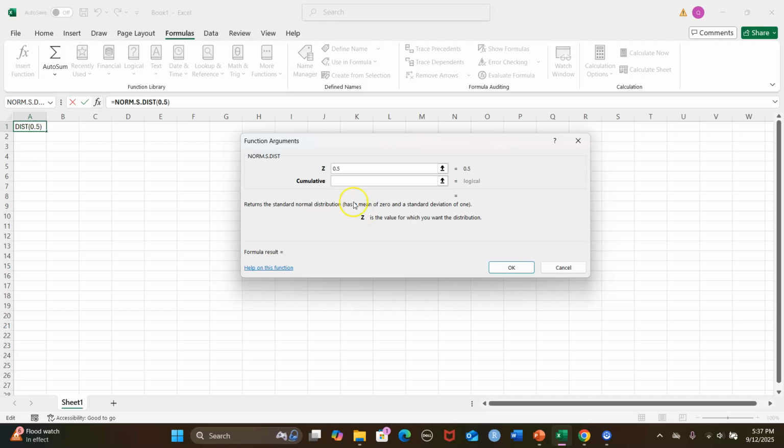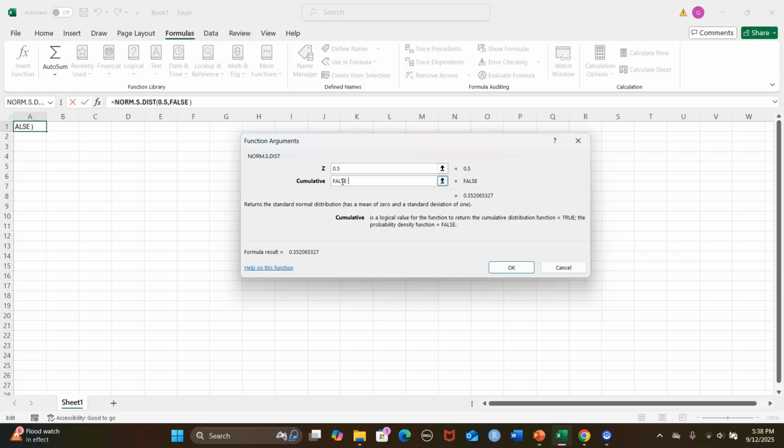0.5, for example. And now the cumulative is a logical value. If you want true, then it's the cumulative probability. It's from the left all the way to 0.5 under the standard normal curve. But if you say false, then it will give you the value of the probability density function, right?